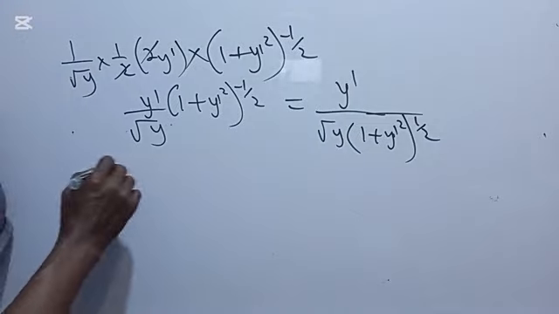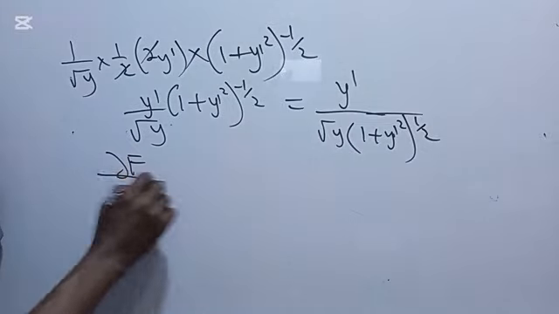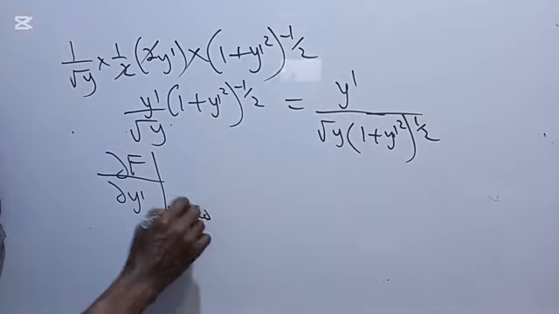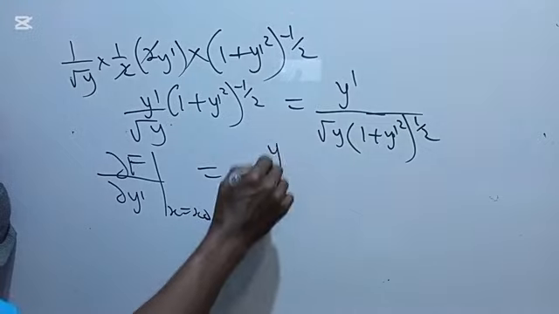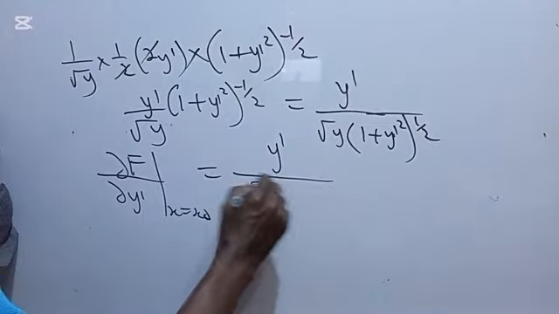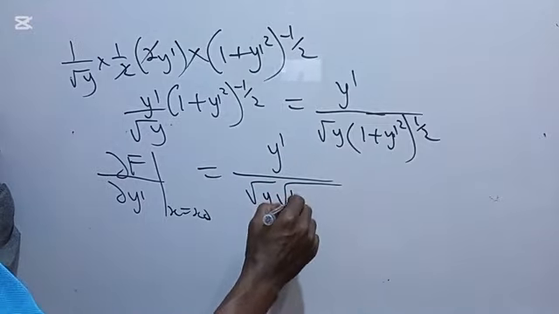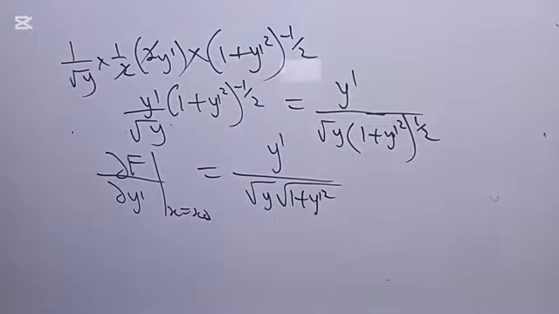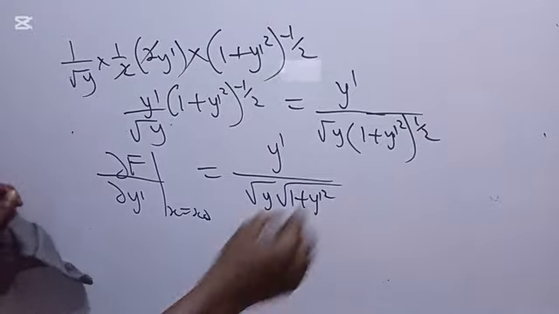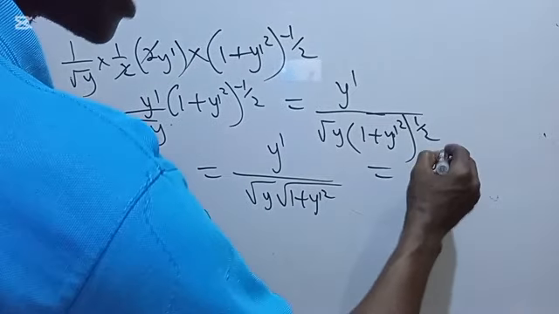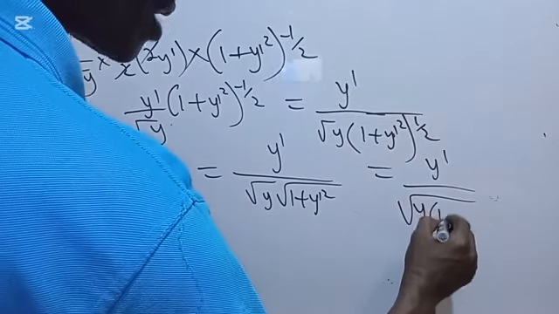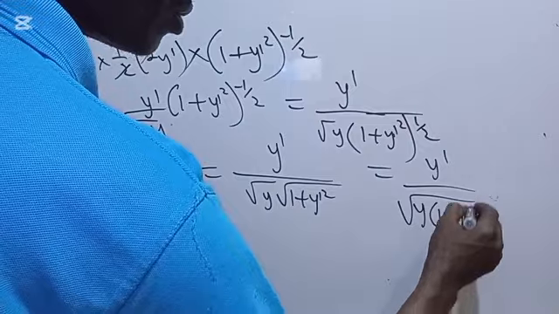What does that mean? It means that the y prime at x equals x naught can be written as y prime all over root y root 1 plus y prime squared. Yes. If we like, we can combine them together by saying y prime all over root of y into 1 plus y prime all squared.